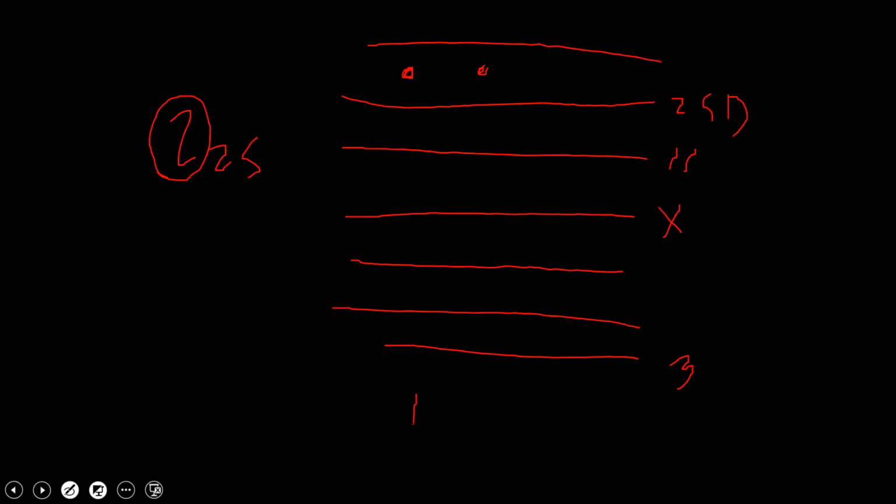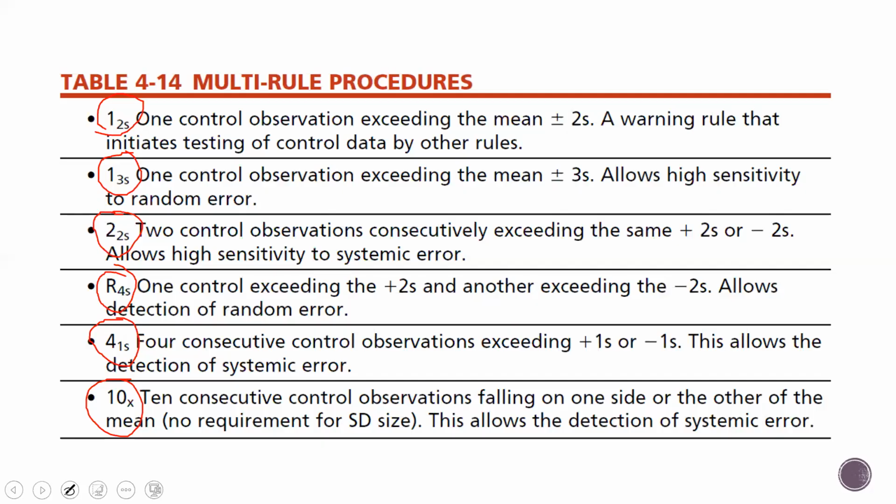So, first day, second day. Okay? So, first day, sabihin natin, this is your third day, fourth day. Ayan. So, 2 control values exceeded 2SD. This is an error again.